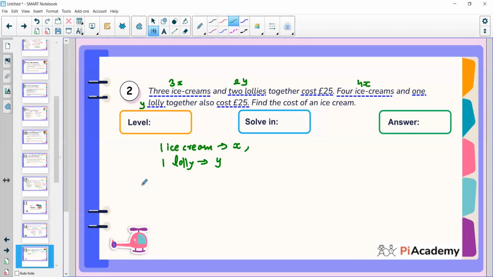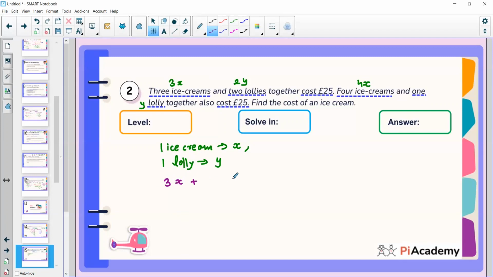Who can tell me what is the first equation, or who can help me form both the equations? Bella, would you want to try? So it's 3x plus 2y equals 25 and 4x plus y equals 25.